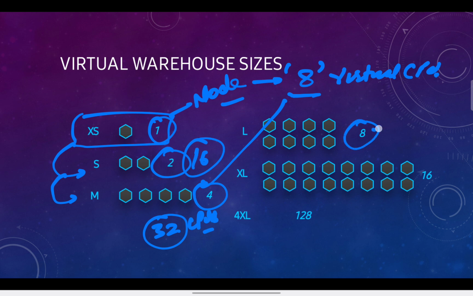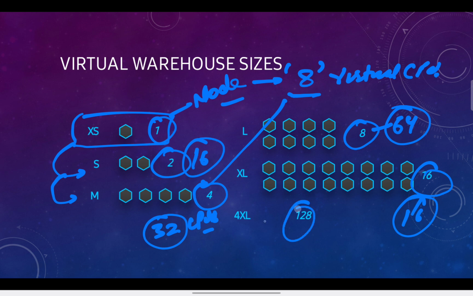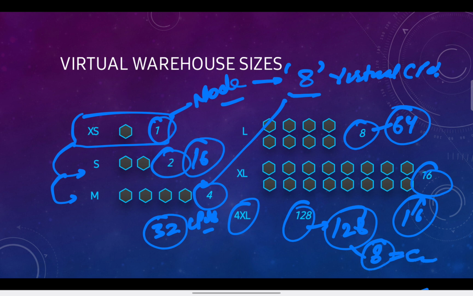Similarly, there will be 8 nodes with 64 virtual CPUs, and then X-Large will have 16 nodes, and similarly in 4XL there will be 128 nodes. So accordingly you can multiply 128 by 8 and get the total CPUs.